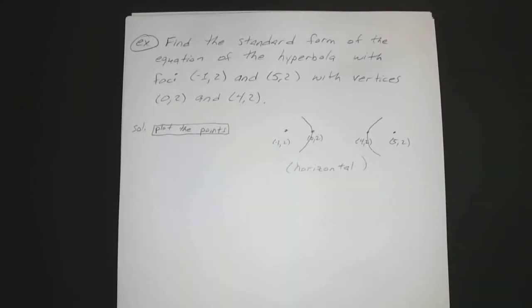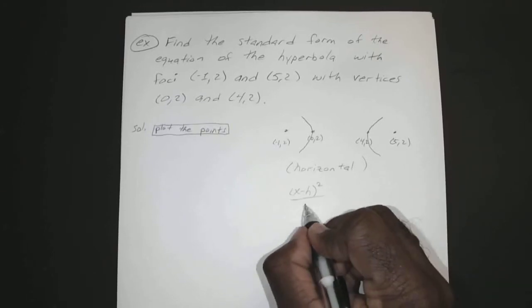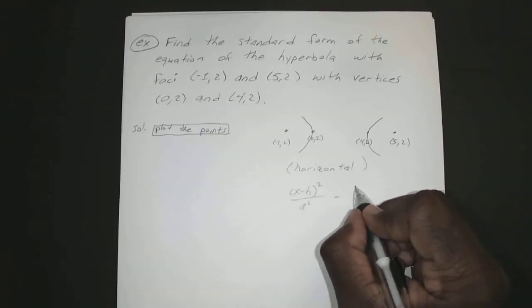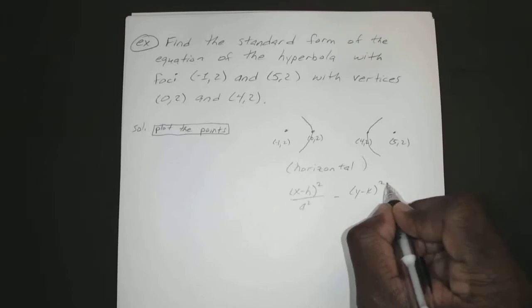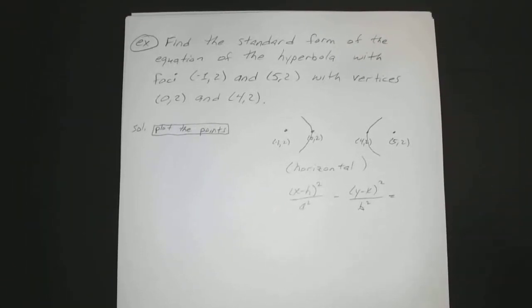So if it's horizontal, that means we're going to use x minus h squared over a squared minus y minus k squared over b squared equals 1. Okay, so that means we have to find a, b, h, and k.